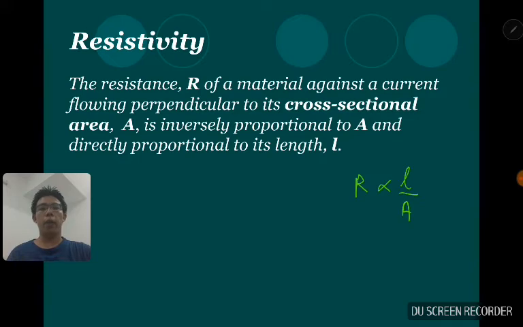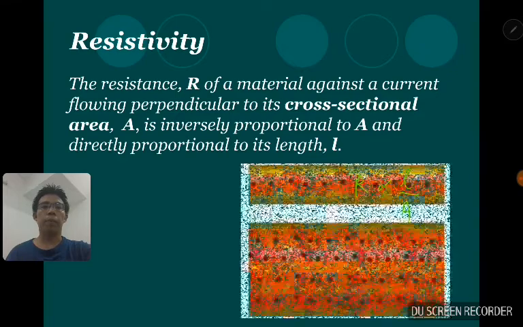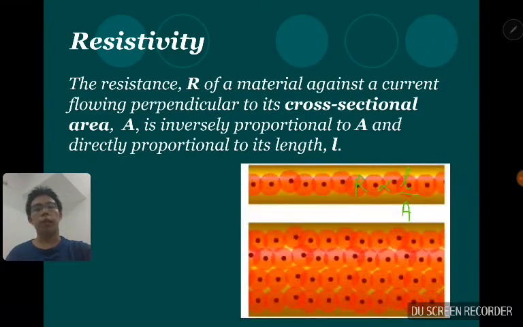The longer the wire you have, the bigger the resistance, and if you have a thicker wire, then it will be a smaller resistance, and a thinner wire will have a bigger resistance. Just like the diagram showing you here, the orange colored particles are actually the electrons.